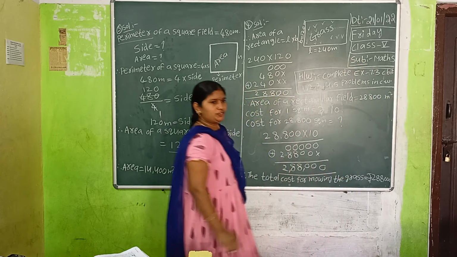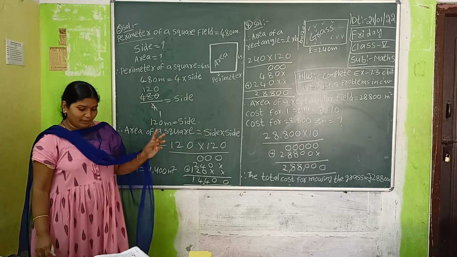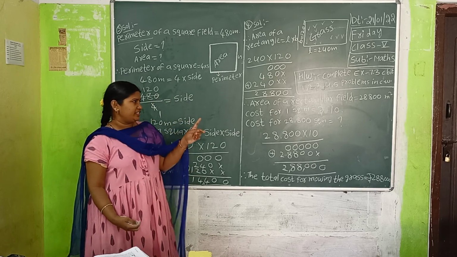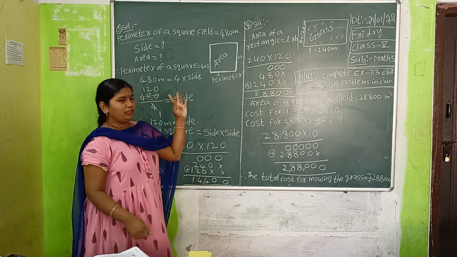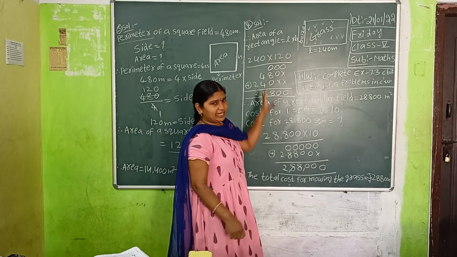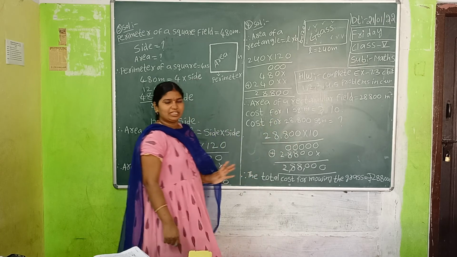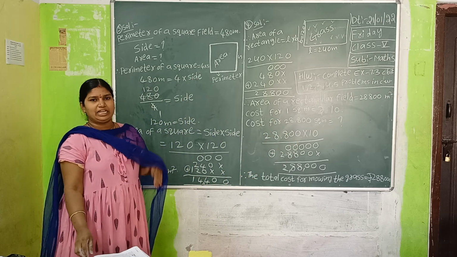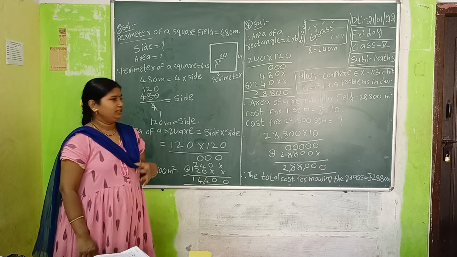Okay, it is your homework. Complete exercise 7.3 C beta. 1, 2, 3, 4. I explained 4 problems. Fifth problem is same as this only. You have to try for the fifth one. Sixth one I will explain tomorrow. Okay? Yes.